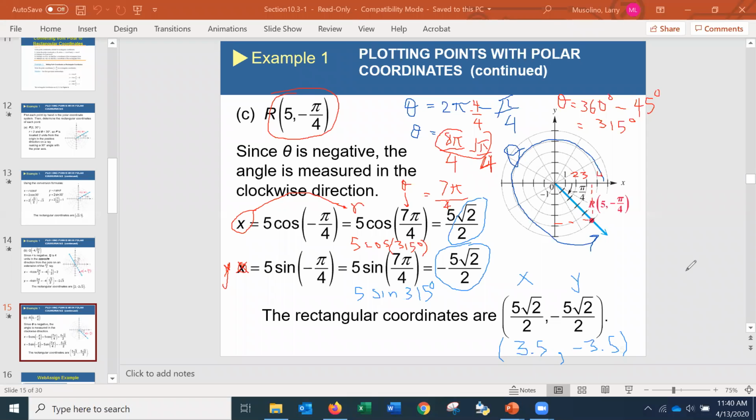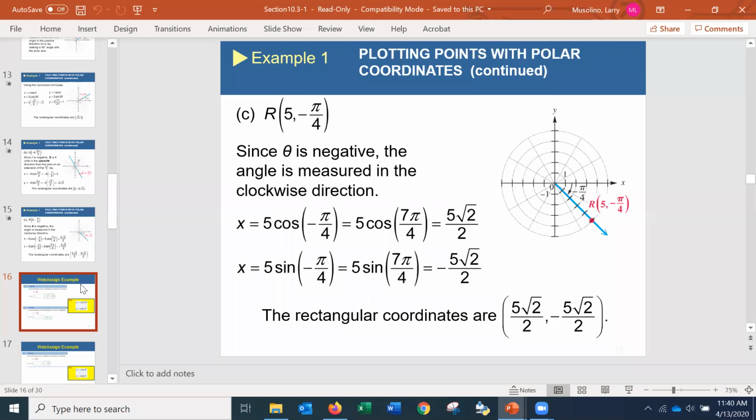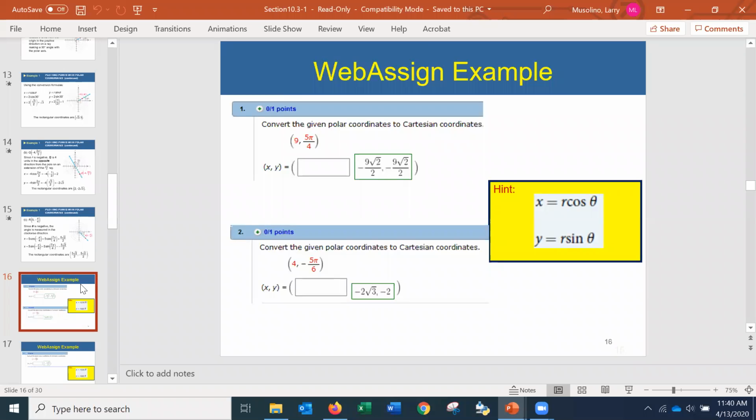So again, it looks like my answer makes sense when I think about its location on an XY coordinate system. All right, let's also look at some WebAssign examples.